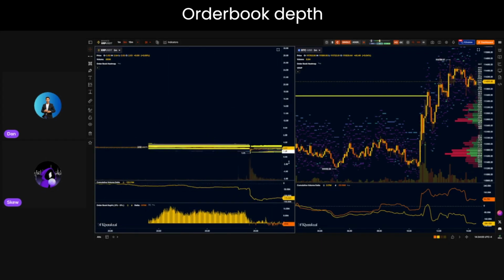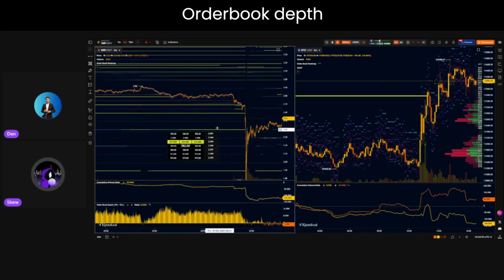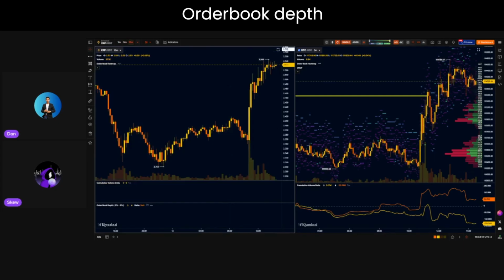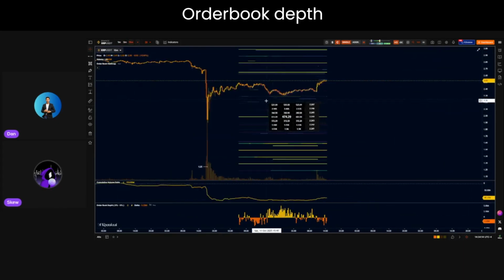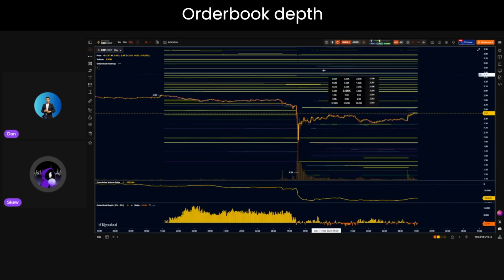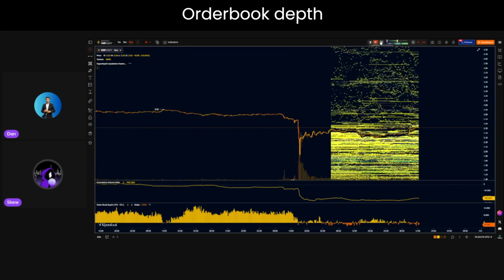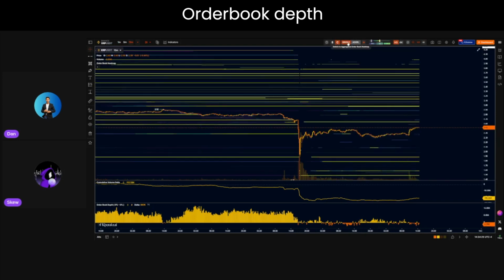So what was super interesting here is I can actually maximize this for you. You see all these yellow lines and whatnot. This is market liquidity. Whoops, wrong one. Okay, so it'll just be this ticker.